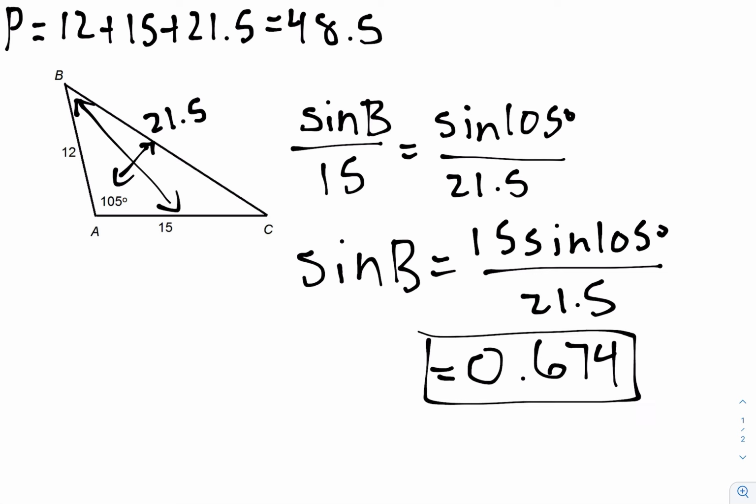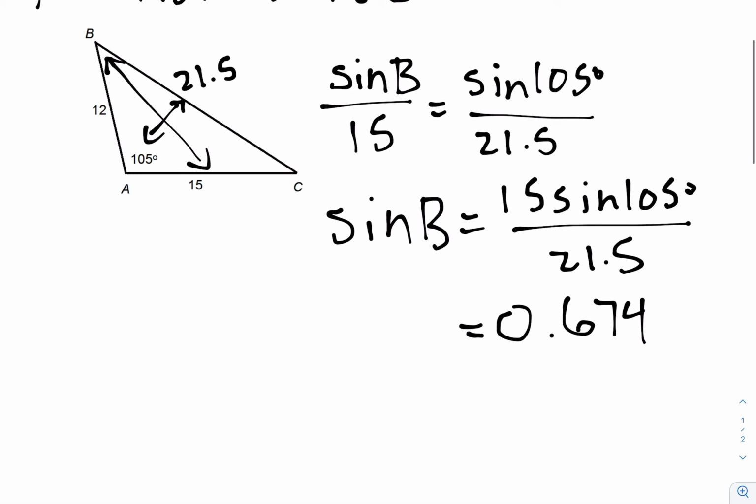The sine of your angle is always going to be between 0 and 1 for these questions, unless it's greater than 90 degrees. In that case, it might be negative or positive. But if the sine of B is 0.674, we're going to take the inverse sine of that number, and that's going to give us 42.4.